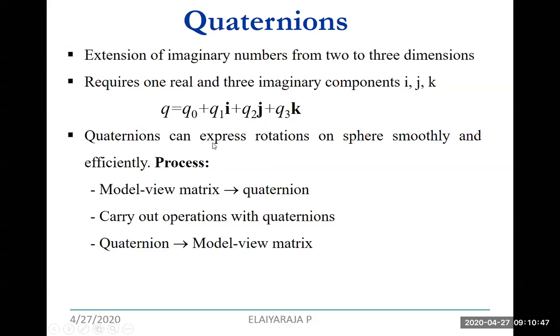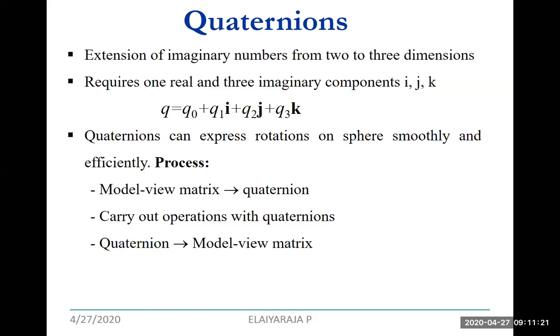So quaternions can express rotation on a sphere smoothly and efficiently. The process in quaternions is: first convert the model view matrix to a quaternion, then carry out the operations with the quaternion.